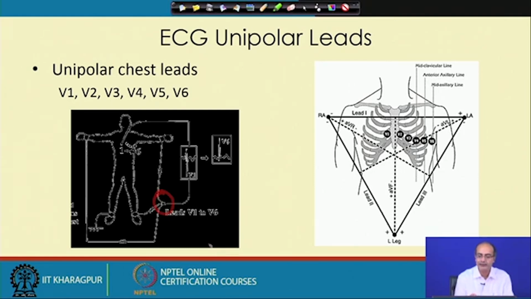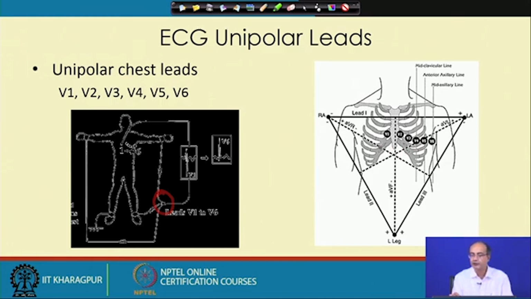Taking that as a reference, we take six different points, V1, V2, V3, V4, V5, V6, from where the potential is recorded.